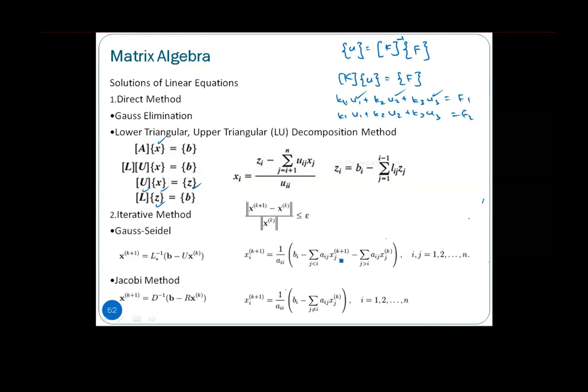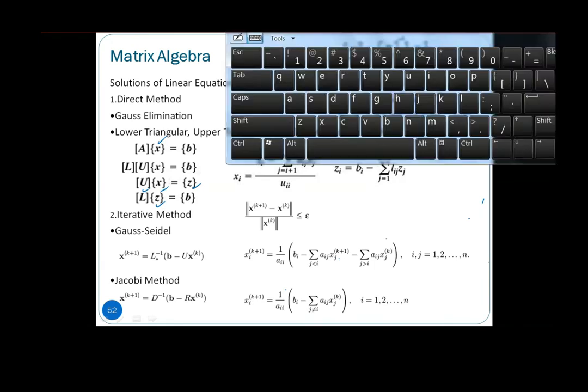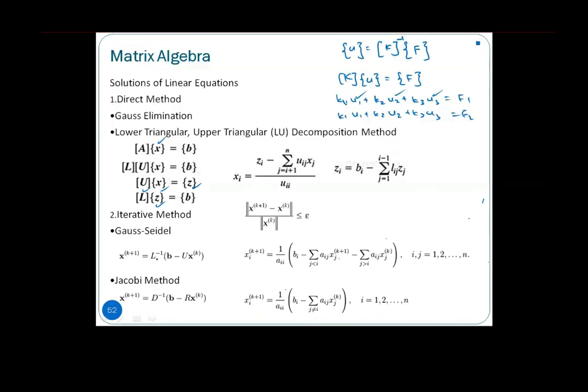But the Gauss-Seidel method is a little bit different. It will also start with U1, U2, U3 as, let's say, 1, 1, 1. In the first iteration, it will find U1. Once U1 is determined, it is used to calculate U2 of the first iteration. And once you have U2, U1 and U2 are used to calculate the first iteration U3.